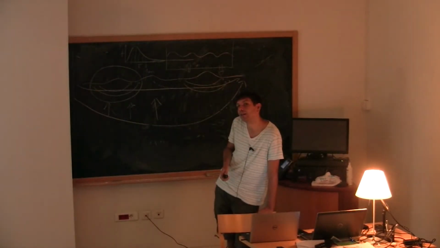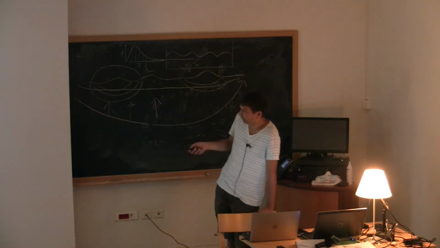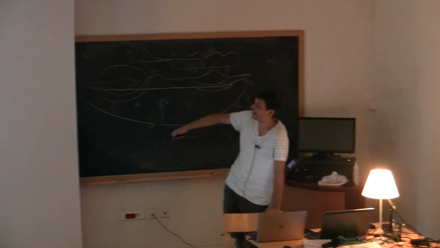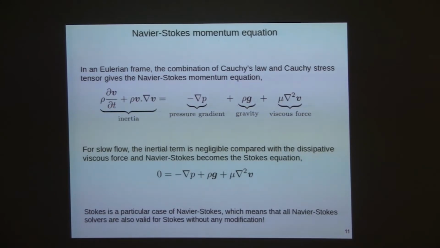I have a question. Why do you ignore the inertial term with the argument that we have slow flow velocities, but then do not ignore the viscous force where you also have the velocity included? So, I mean, it's not that I ignore. You can non-dimensionalize your equation here, and the Reynolds number will appear in your equation.